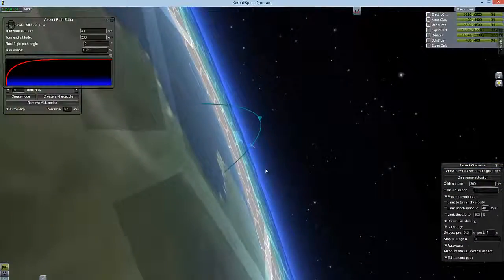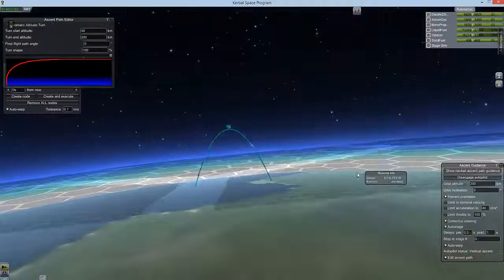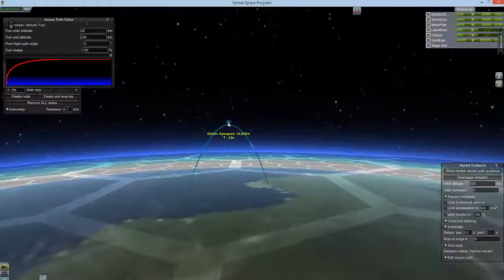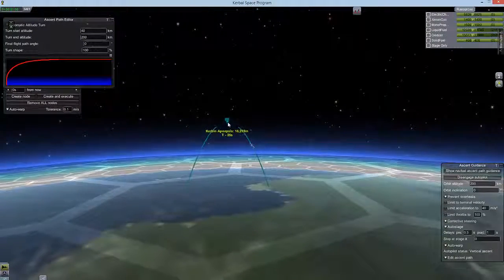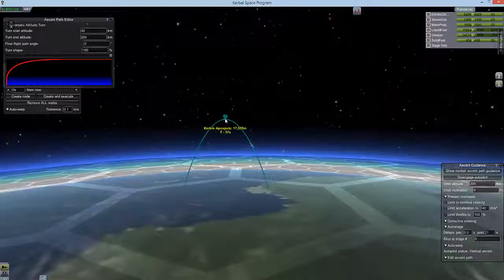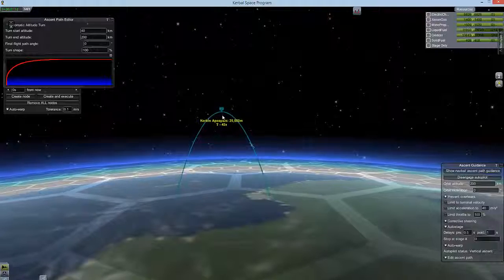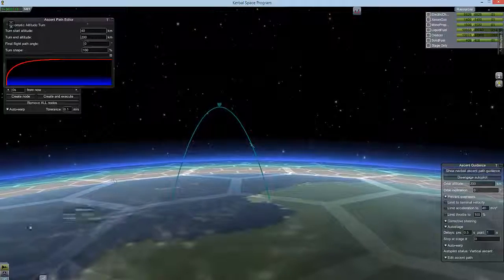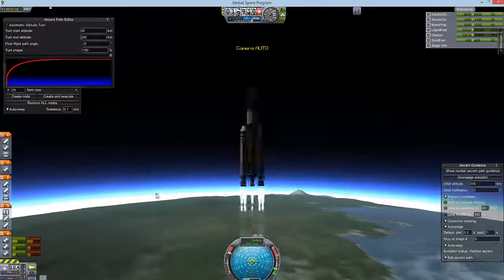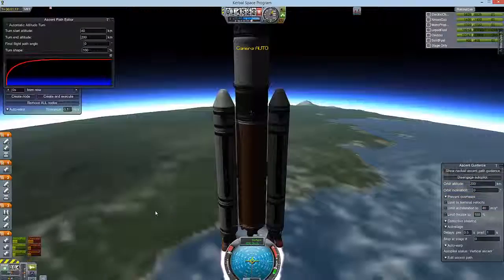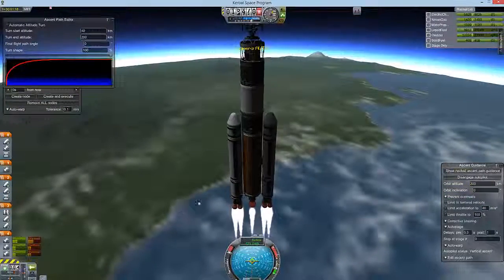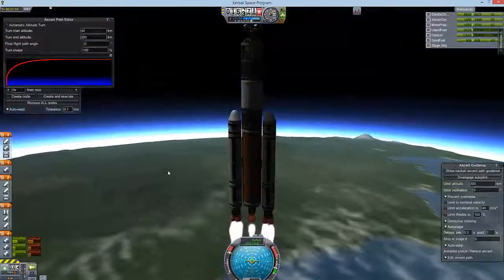If you're doing a vertical velocity like the rocket, then you're not doing a gravity turn. If you're doing a horizontal velocity like your car, you're not doing a gravity turn. If you're doing both a vertical and a horizontal, you're doing a gravity turn, or you're using the gravity to help you out.